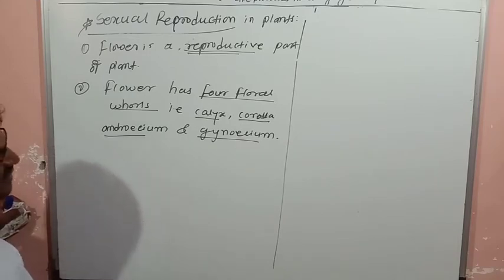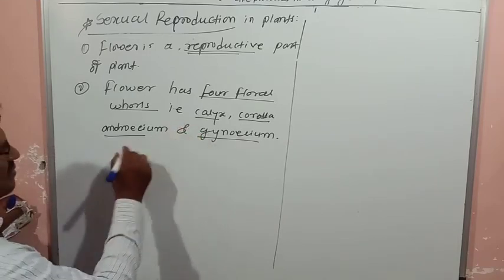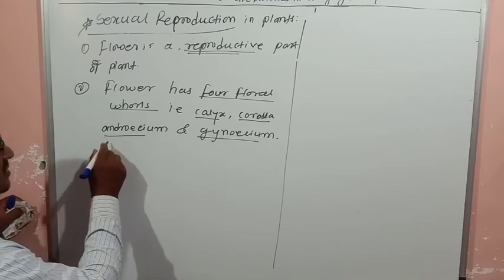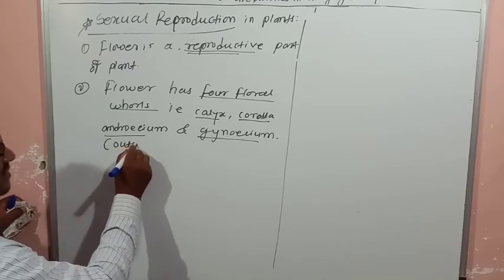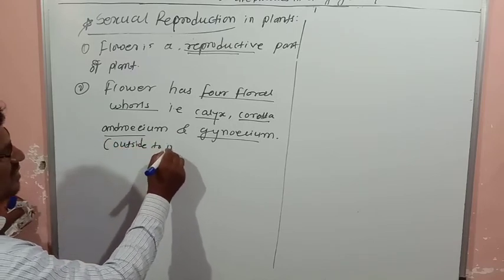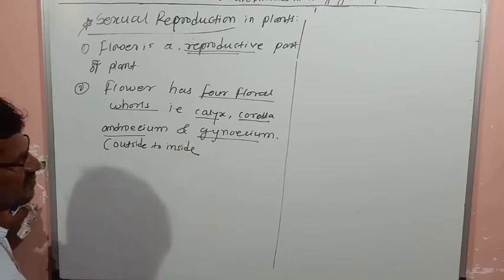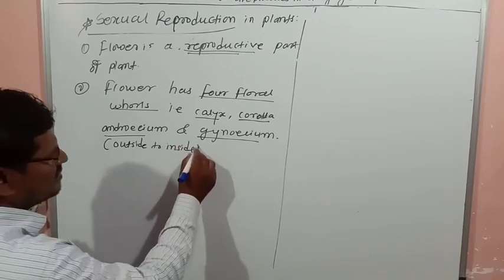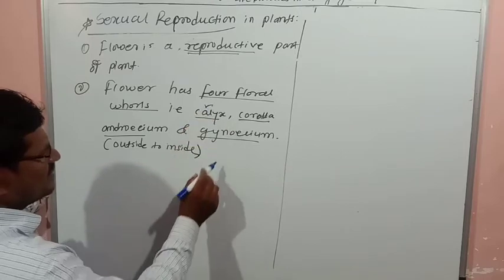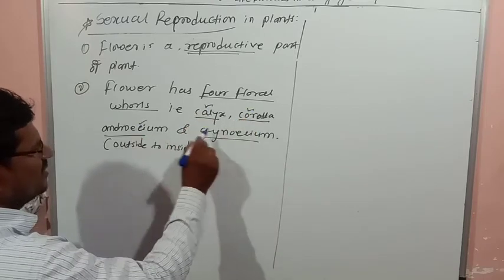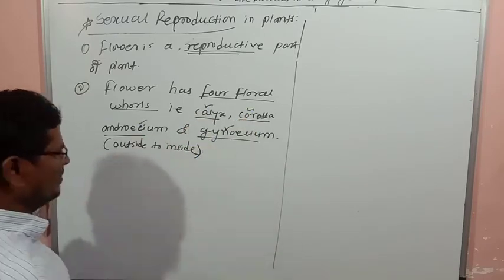And these are arranged from outside to inside. That means the outer member is the calyx, then the corolla is there, and androecium and gynoecium are inside.